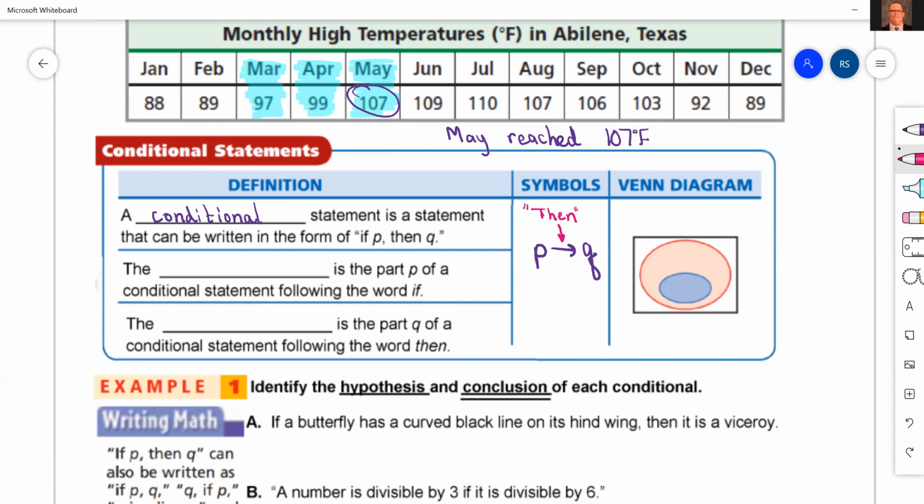If P, then Q. Then we can even do a Venn diagram of it. The small circle is our P, the big circle is our Q. So what are P and Q? P is what we call our hypothesis.